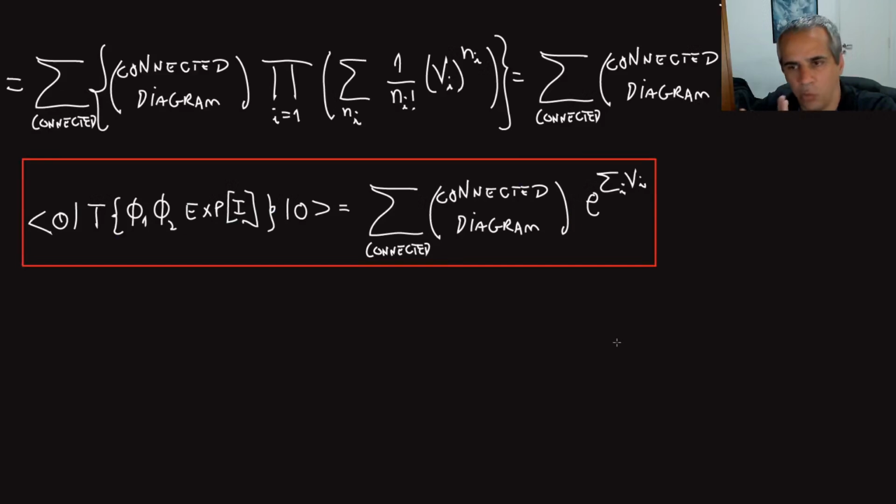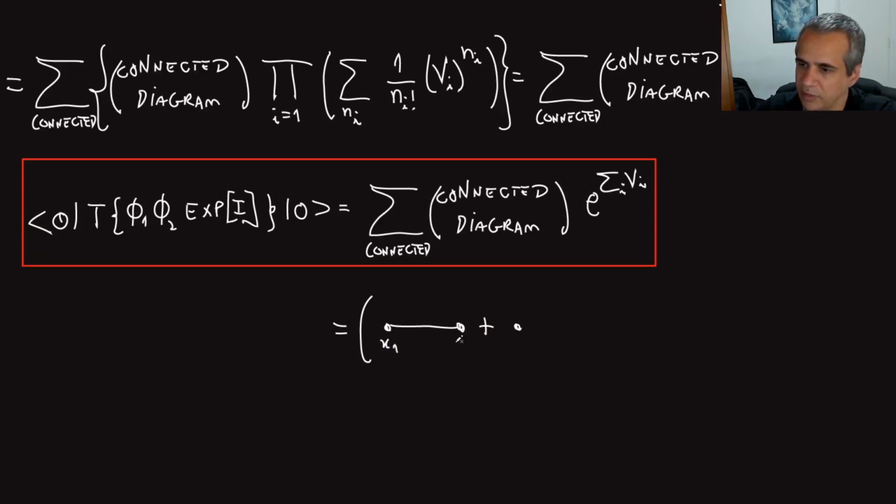So the conclusion I got here is these vacuum bubbles are problematic. I still didn't solve the problem. They're still giving me the volume of space-time. But at least on the numerator, what I get is that the sum over all bubbles will be just an exponential multiplying the sum of all the connected diagrams. Right? And diagrammatically, that means I can write this guy as something that looks like this.